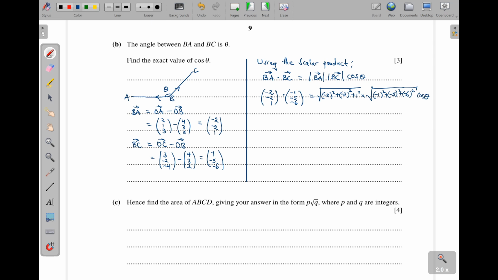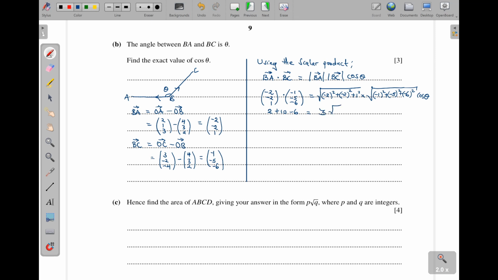Okay, so -2 times -1, that one will give us a 2, then plus a 10, okay, in the middle here, and then 1 times -6, that is -6. So this will be 4 plus 4, that is 8, then plus 1, that is 9. So root of 9 gives us a 3.